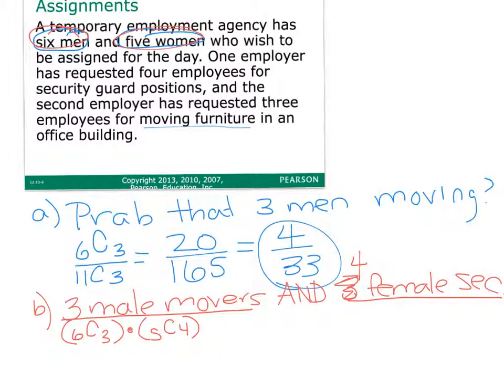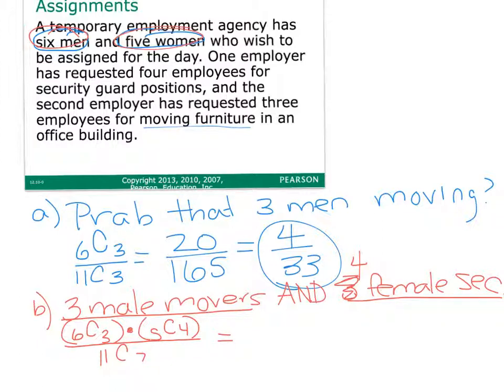And then we have to multiply these 2 events together because whenever there's multiple events happening in a row, you multiply their probabilities. Now we need to divide by the total number of possible ways to select these people. So we're selecting 7 people total, 3 to be movers and 4 to be security guards. We have 11 people on our list, so our denominator is going to be 11 combination 7.